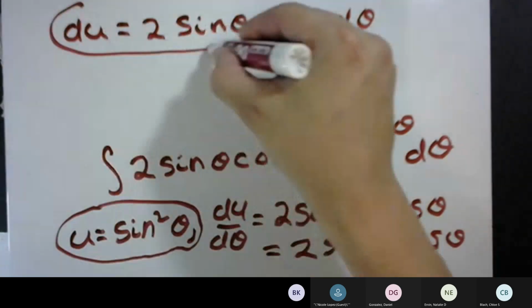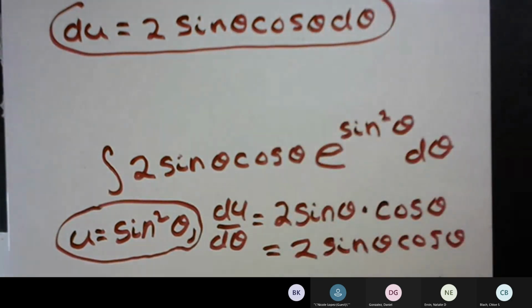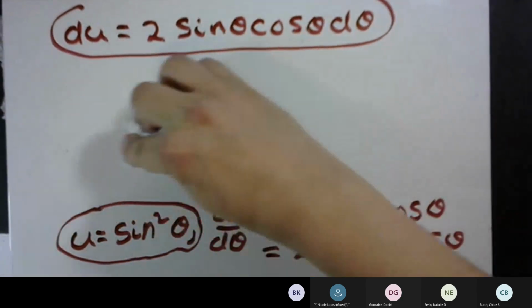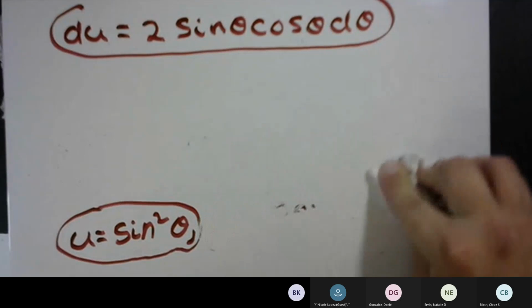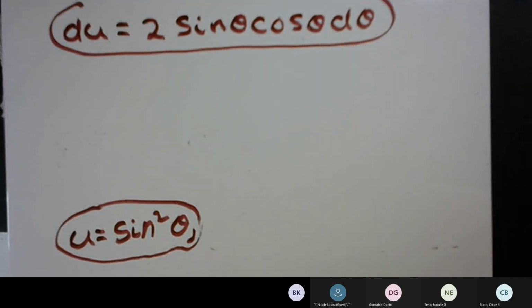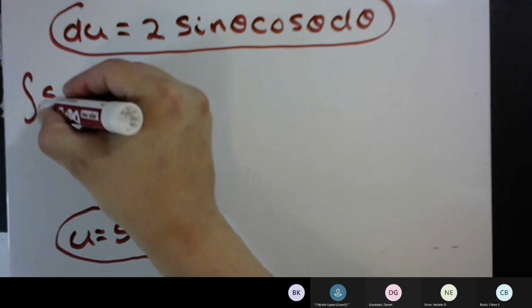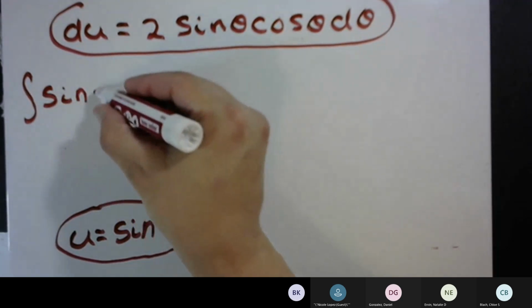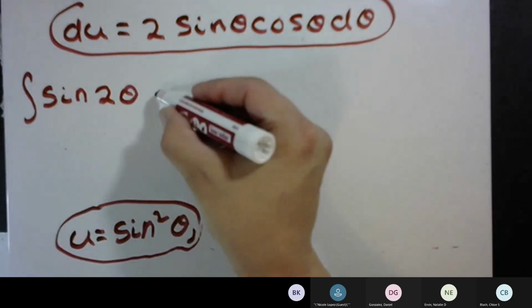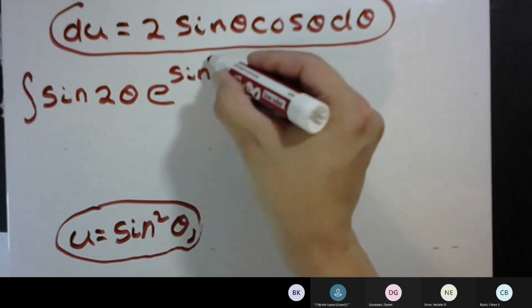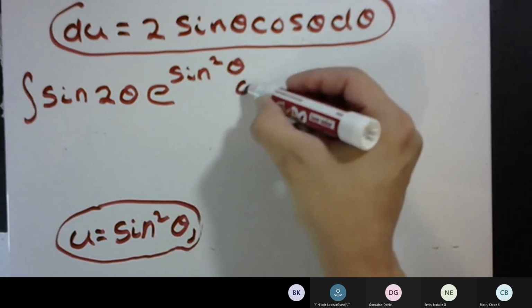There's our u, and there's our du. So going back to that original integral, the integral of sine 2 theta e to the sine squared theta d theta.